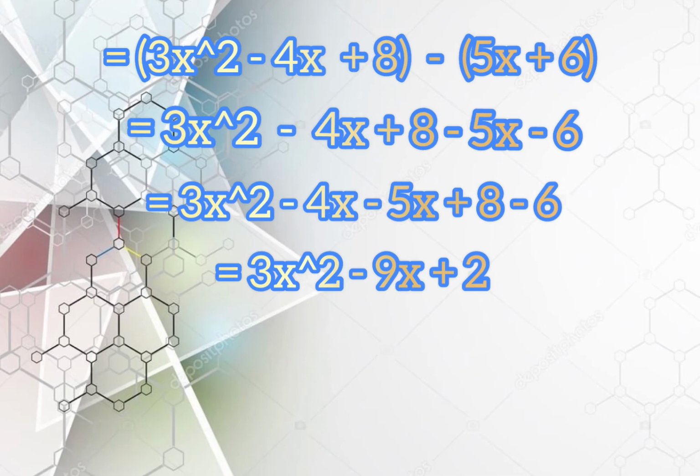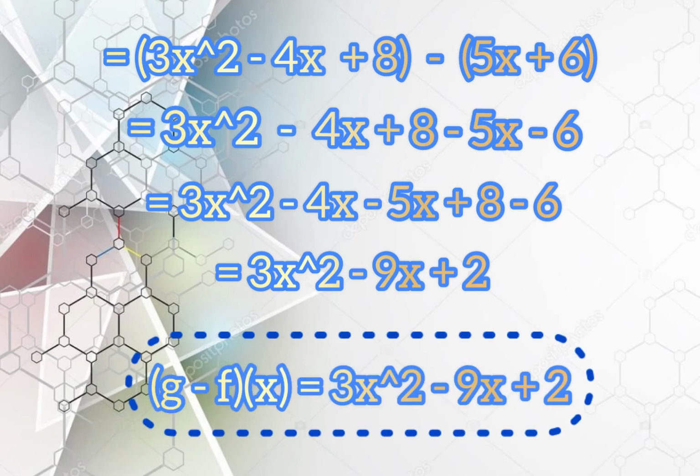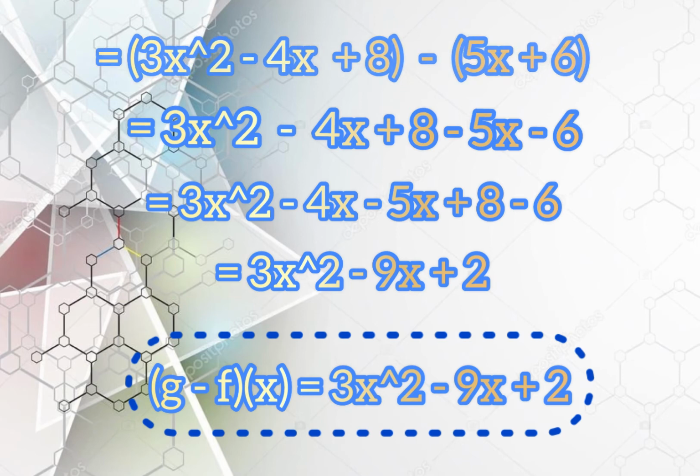And finally, the final answer will be parenthesis g minus f of x equal to 3x to the second power minus 9x plus 2. And this is how we solve an operation with function in the subtraction.